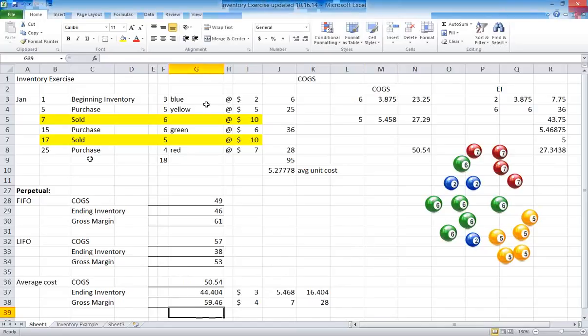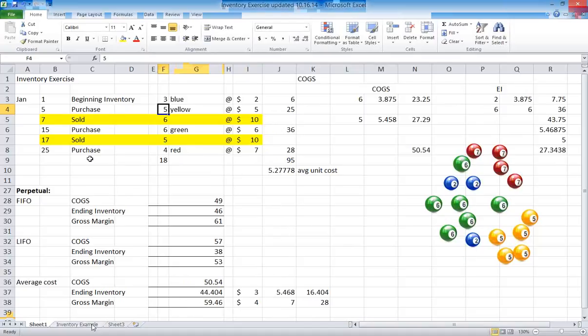But bottom line is I can't really sell what I don't have. So I had these 8 items. I sold 6. I had to calculate an average. I bought more. I had to calculate a new average cost when I was getting ready to sell again. Okay? And if I totally confused you, I'm sorry.